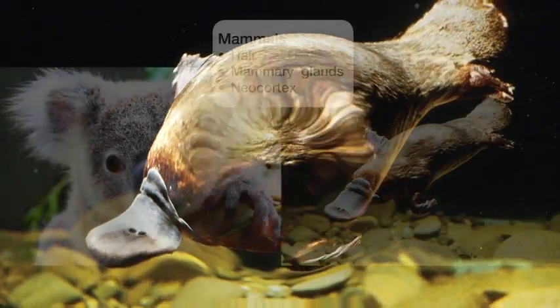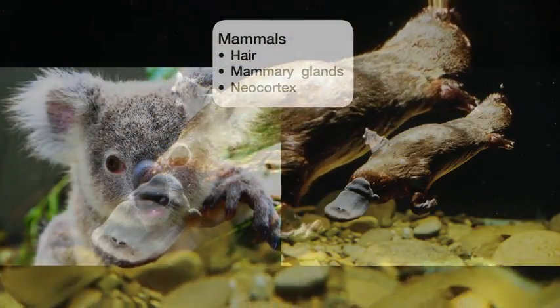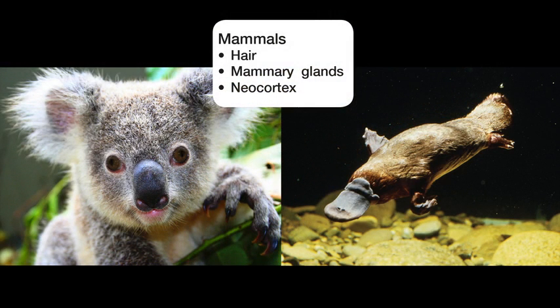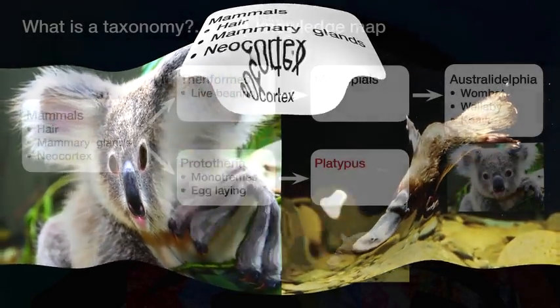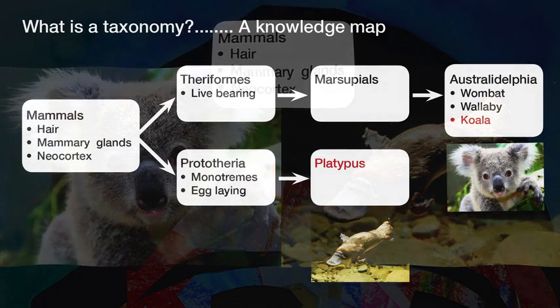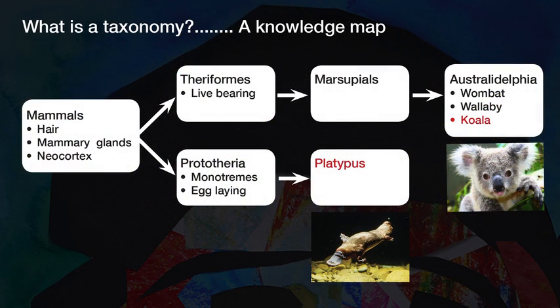The platypus and the koala have plenty in common. You wouldn't think so when you think of one living in a tree and a vegetarian and the other living in water and a carnivore. But as you can see from this animal taxonomy tree of mammals, both the koala and the platypus belong to the tree because they have hair, mammary glands and a neocortex.